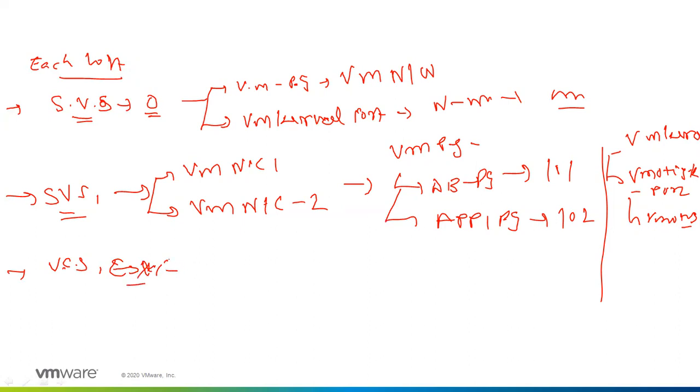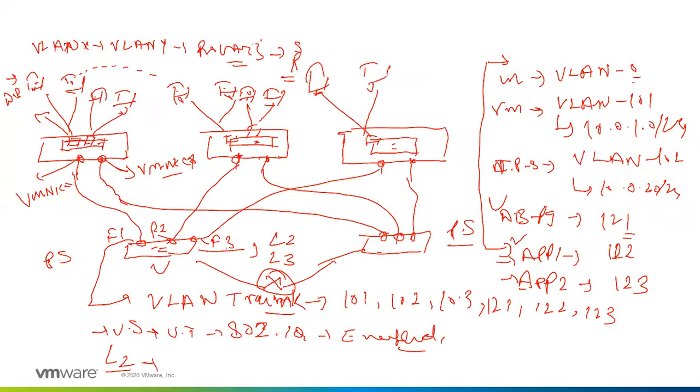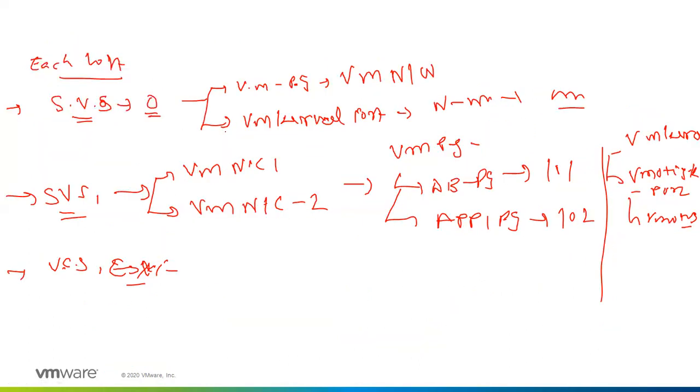So whenever we are using standard virtual switch configuration, it's always mandatory to do the same kind of configuration on each and every host, so that if any VM jumps from here to here tomorrow, it gets the same networking construct available on the other ESXi host as well.